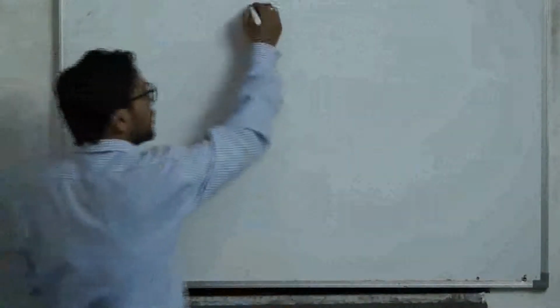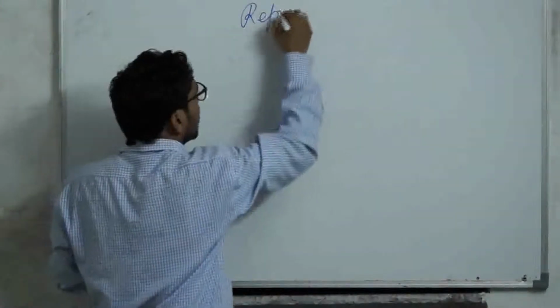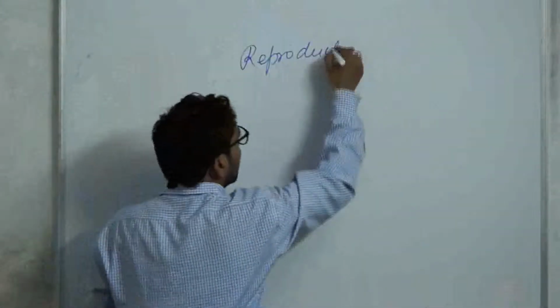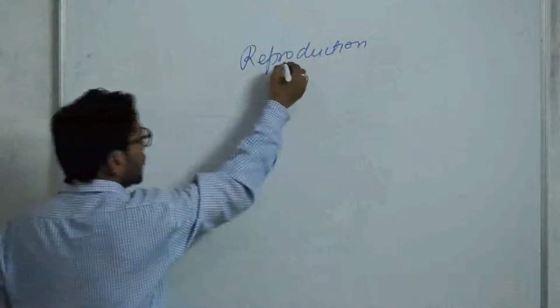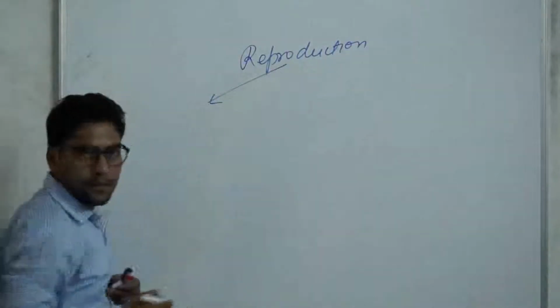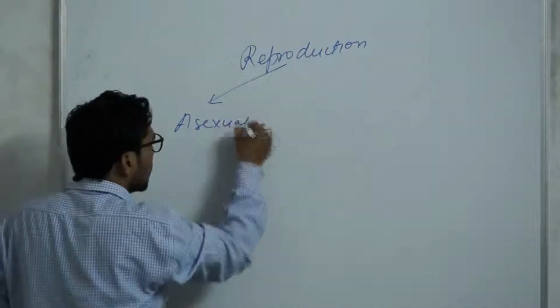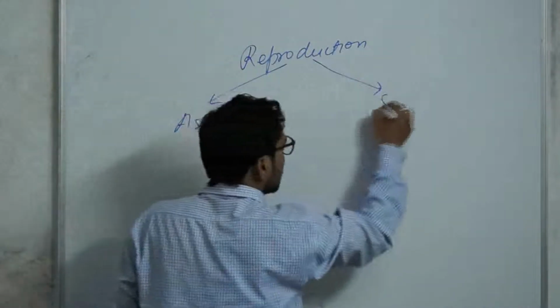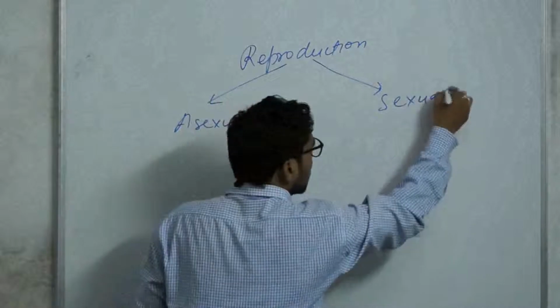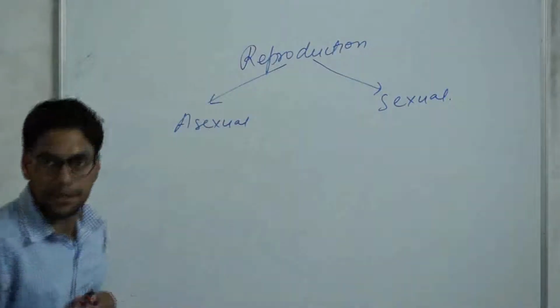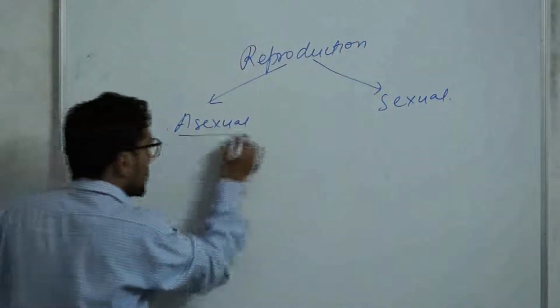Right? So the reproduction is of two types: asexual reproduction and sexual reproduction. Right, students? So, asexual reproduction.